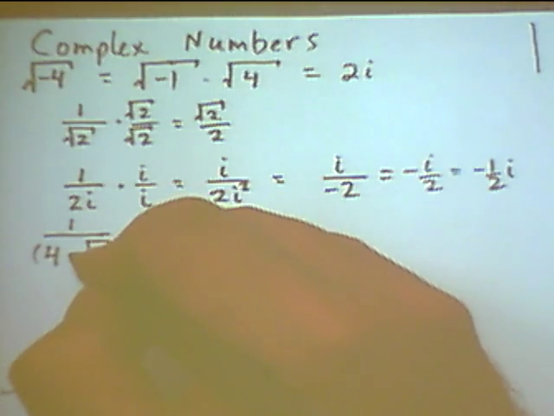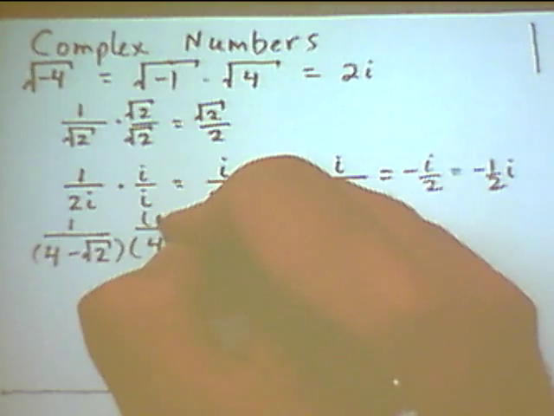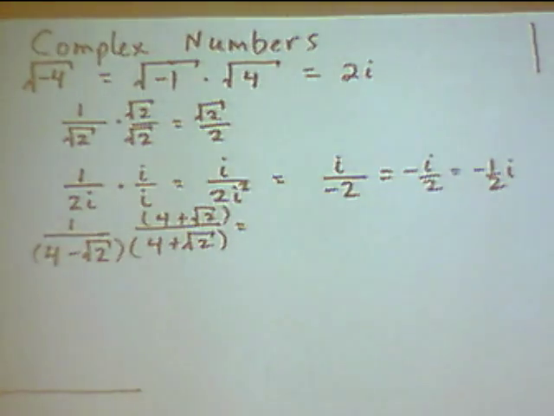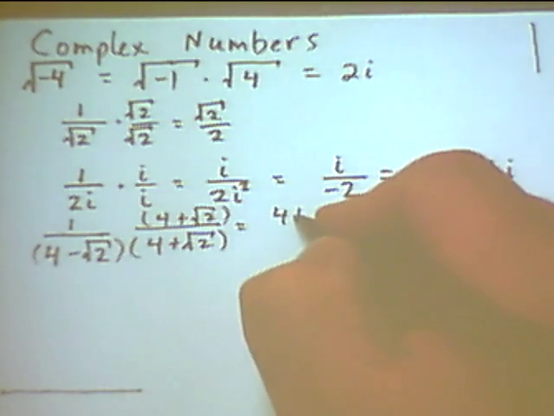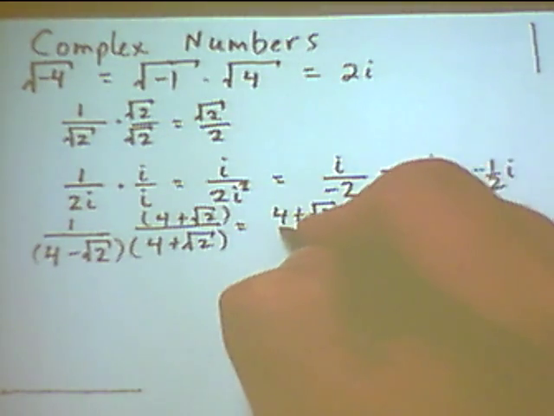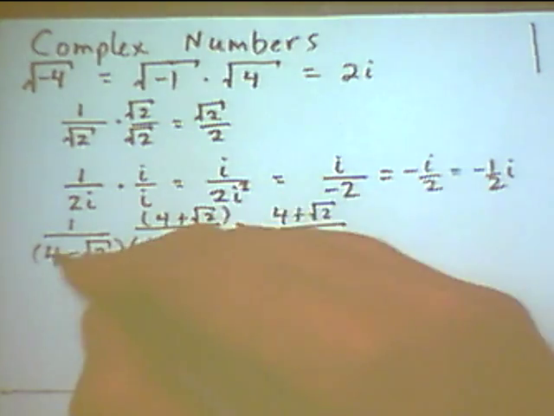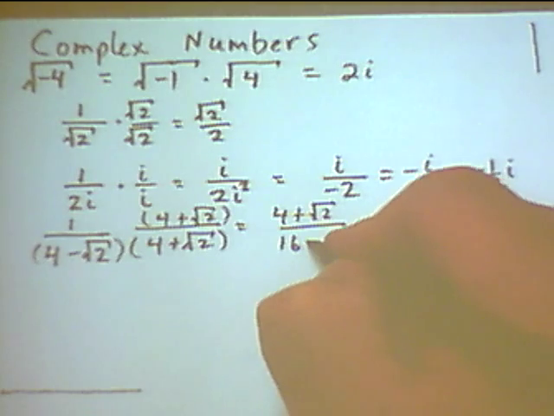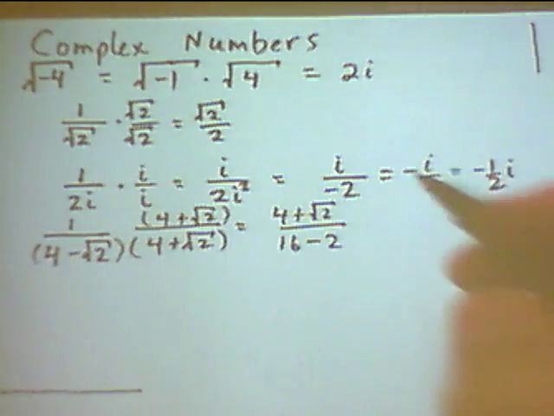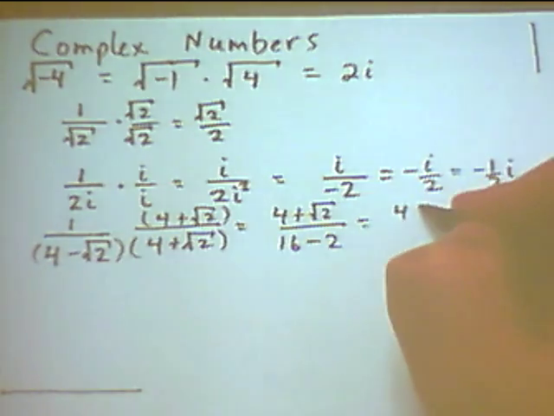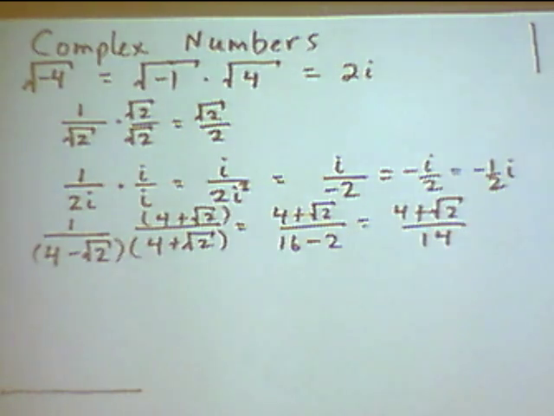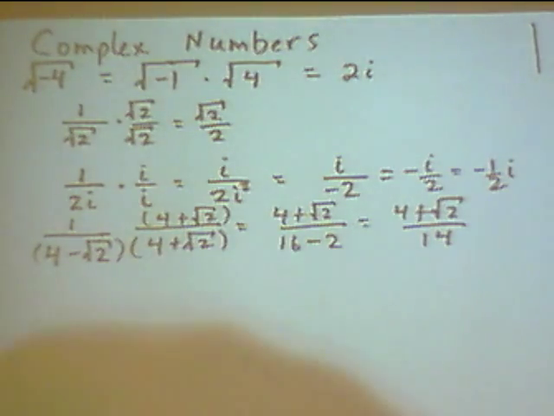So we first had subtract, now we have plus. So if we work this out, this ended up being 4 plus square root of 2. And I'm going to do a little shortcut here. I know 4 squared is 16 minus the square root of 2 squared is 2, so 4 plus square root of 2 over 14. So that's review.